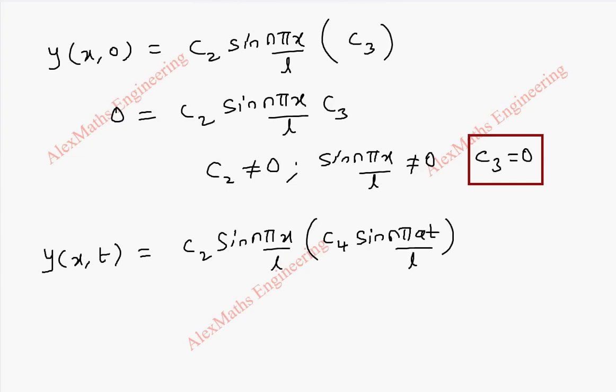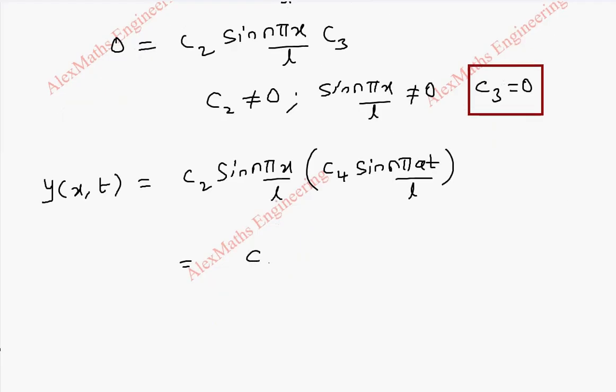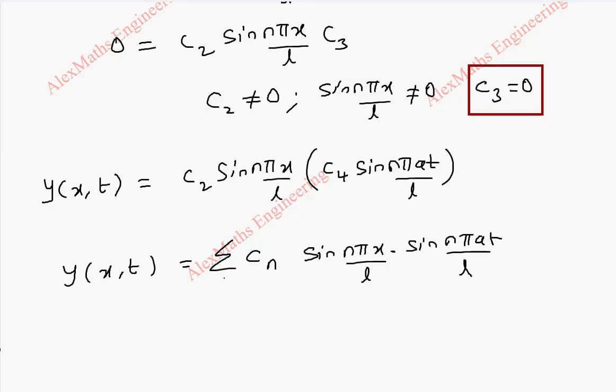Now we combine these two constants as cn and we have only sin n pi x by l into sin n pi at by l, and here we have y of x comma t, and we are going to take summation for this 1 to infinity.